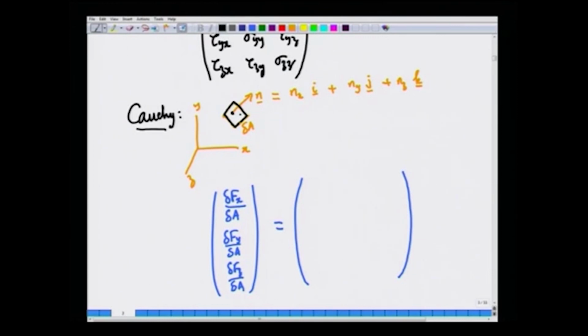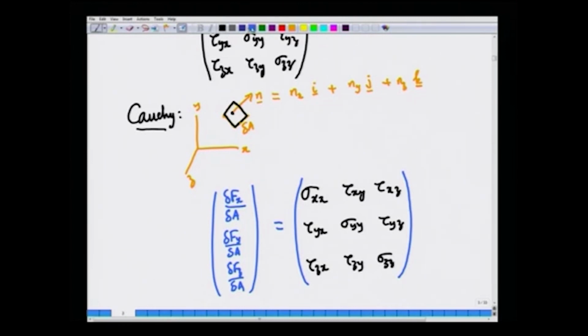So, at that point you should know the stress tensor: sigma x x, tau x y, tau x z, tau y x, sigma y y, tau y z, tau z x, tau z y, sigma z z.